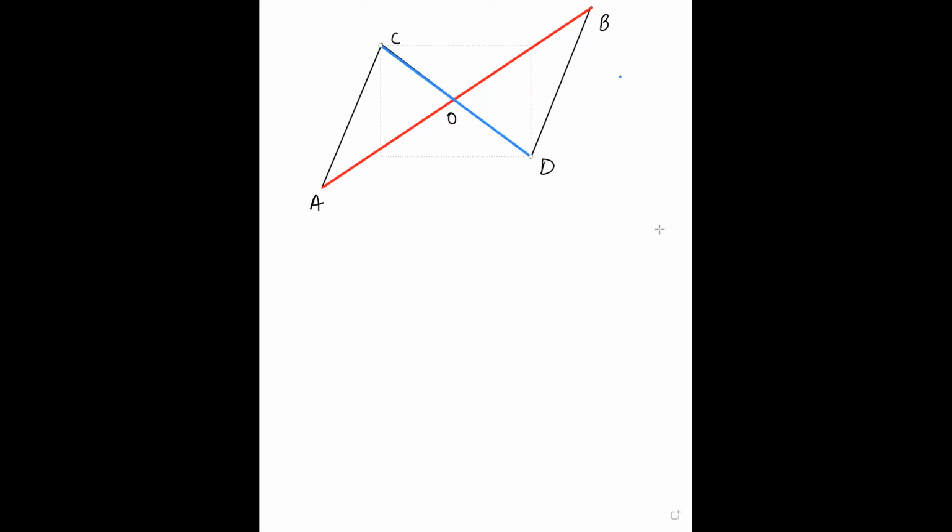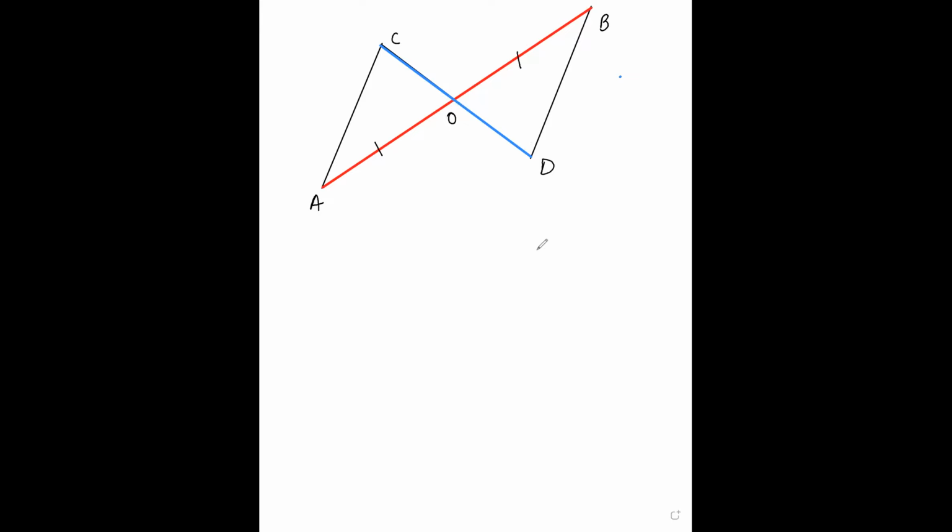So first of all, what does bisect mean, Hiba? When they bisect each other, they divide. Yeah, it means that this part is equal to this part. AO is equal to BO.